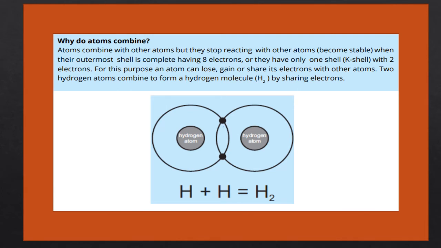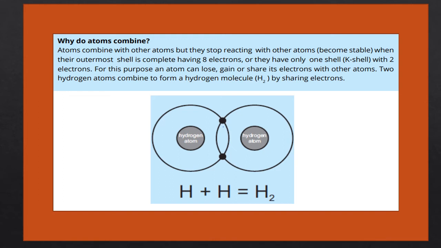Why do atoms combine? Atoms combine with other atoms until they stop reacting with other atoms. When atoms are deficient of an electron, or have 1 electron more than needed to complete the octet, they will react with each other to get a stable octet state.